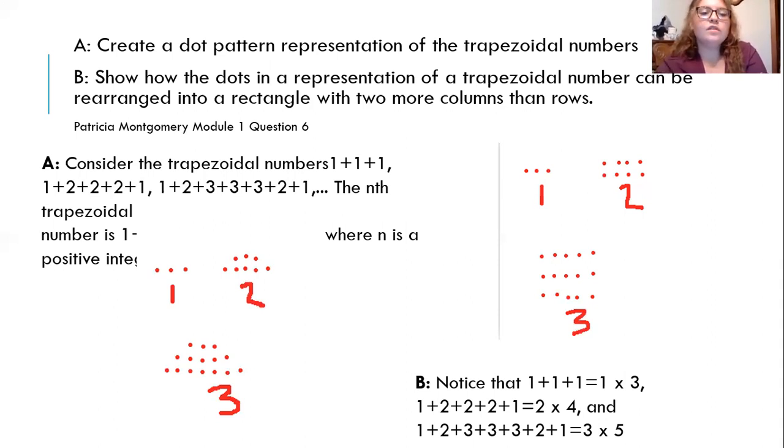So it says in part B, to show how the dots in the representation of a trapezoidal number can be rearranged into a rectangle with 2 more columns than rows. So we're just going to take those end pieces off of our trapezoids and move them up to make these rectangles. So for 2, we already did the 2 × 4. And then for the third one, it's going to be a 3 × 5.